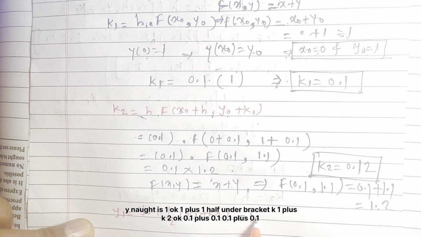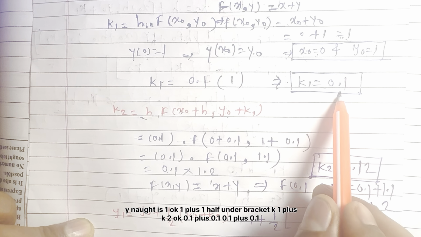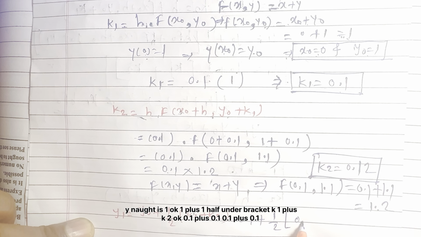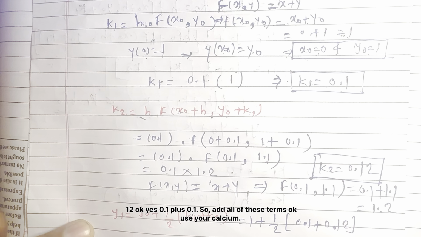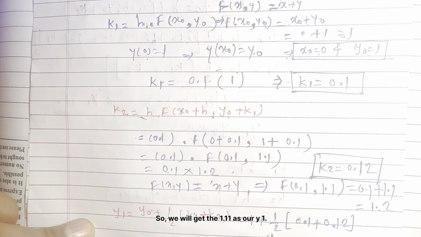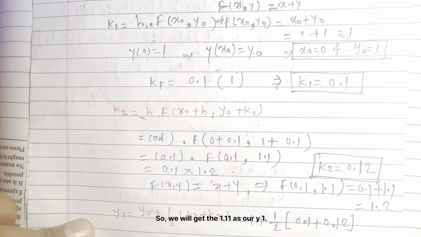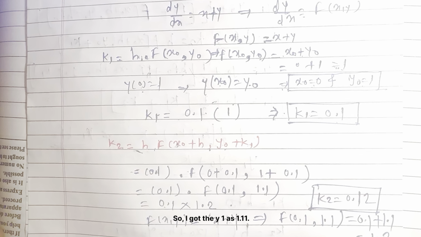So 1 plus 1/2 under bracket k1 plus k2, that is 0.1 plus 0.12. Add all of these terms, use your calculator, and we get 1.11 as our y1.